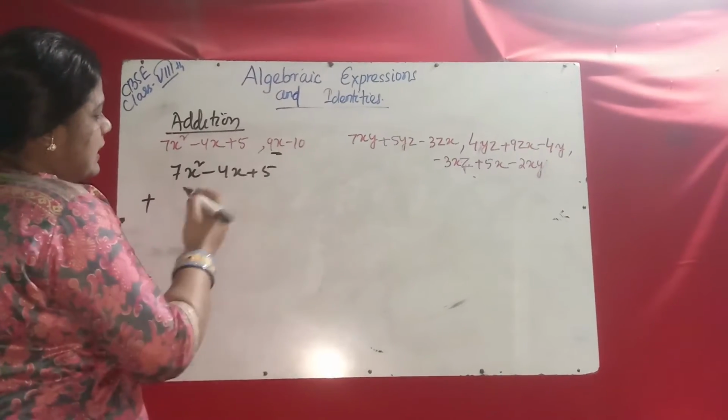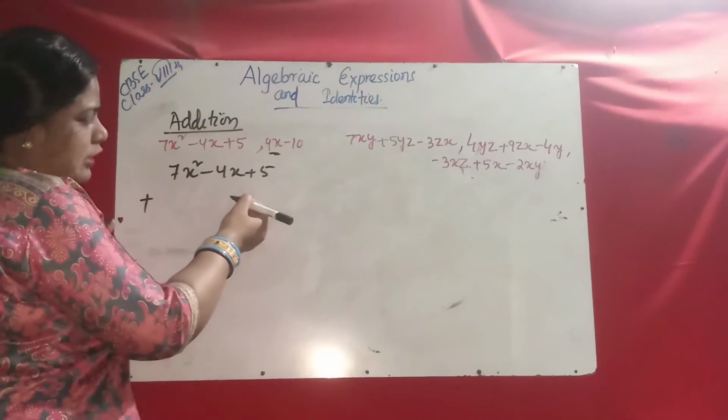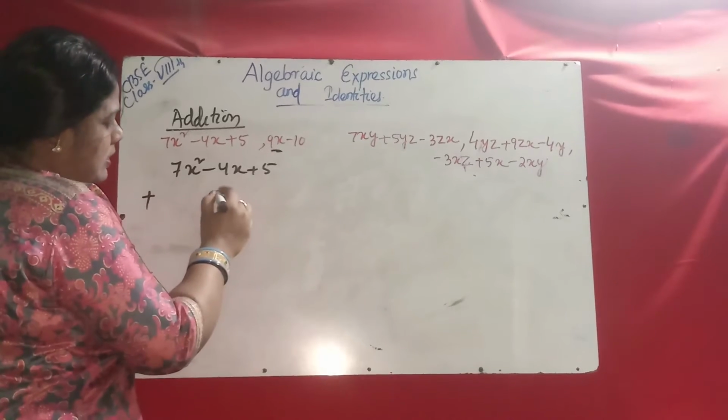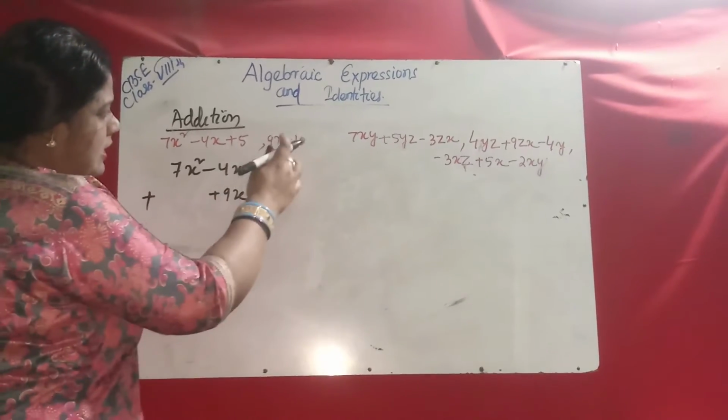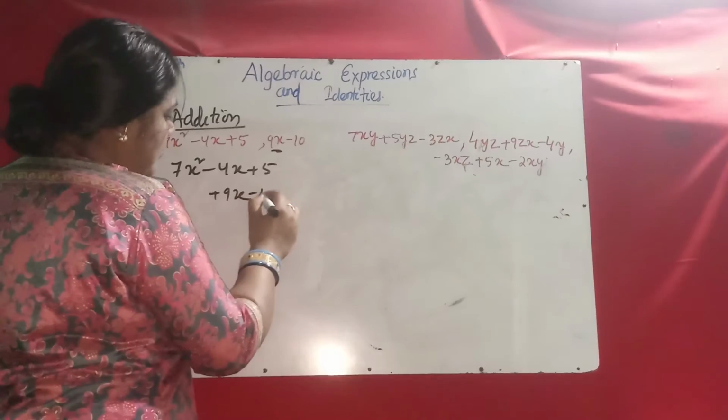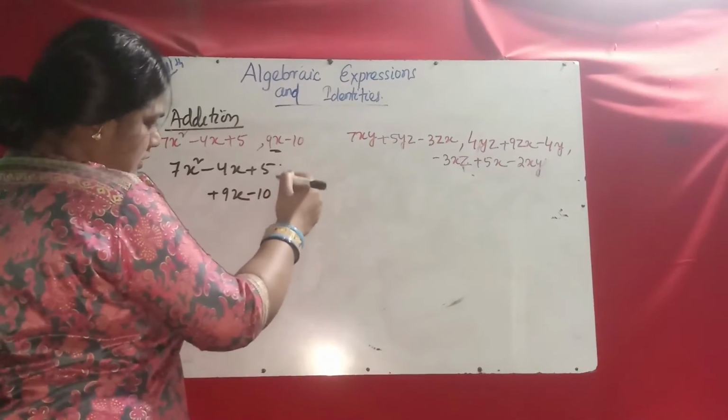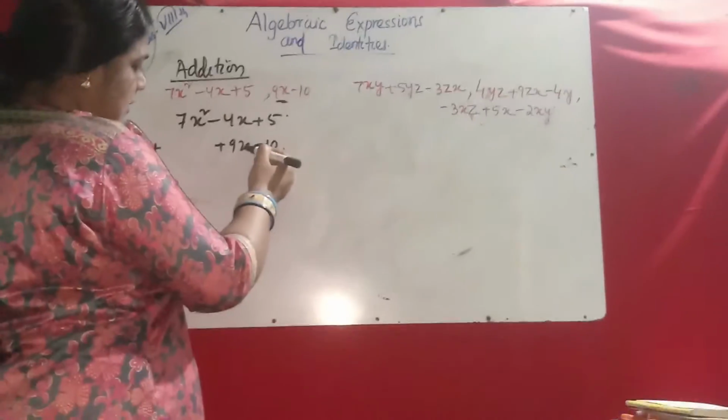Below x, the like term, you write plus 9x. And minus 10 here. These are constants, and these are x and x like terms.